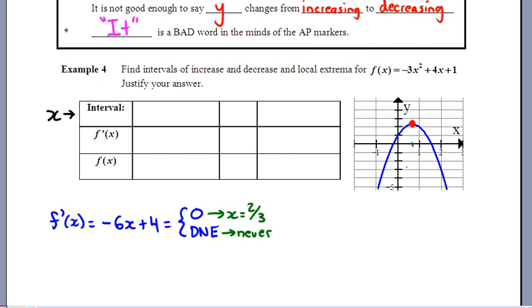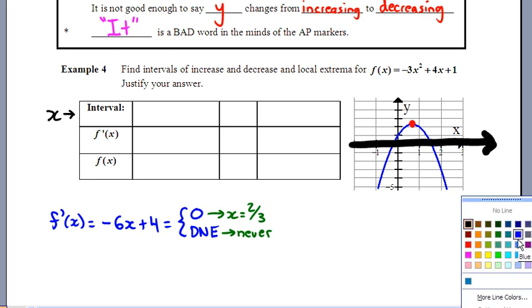So we're going to take our whole x-axis here, and we're going to start splitting it up, right? Here's my number line, there's my x-axis, and we're going to start making cuts in it at any of these critical points. I've only got one critical cut that's going to happen right here at 2/3. So I'm going to put that up into my table.